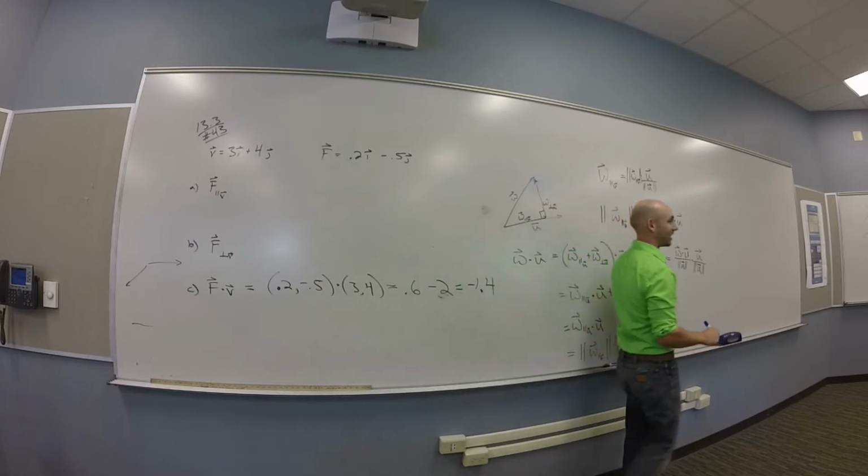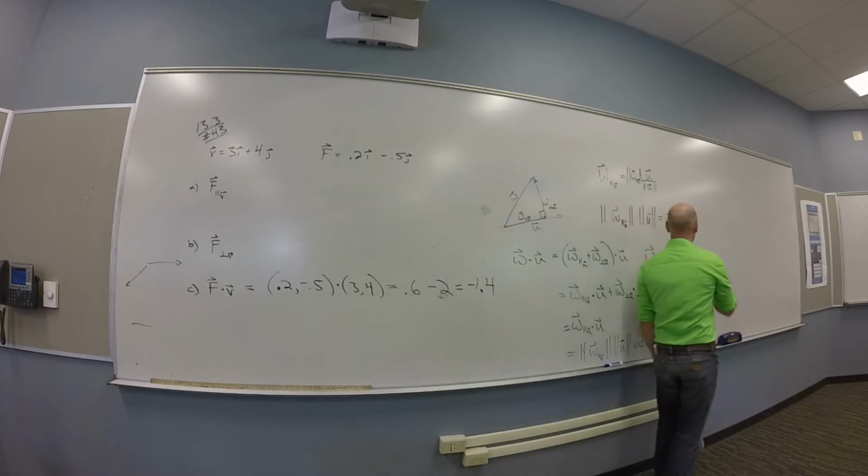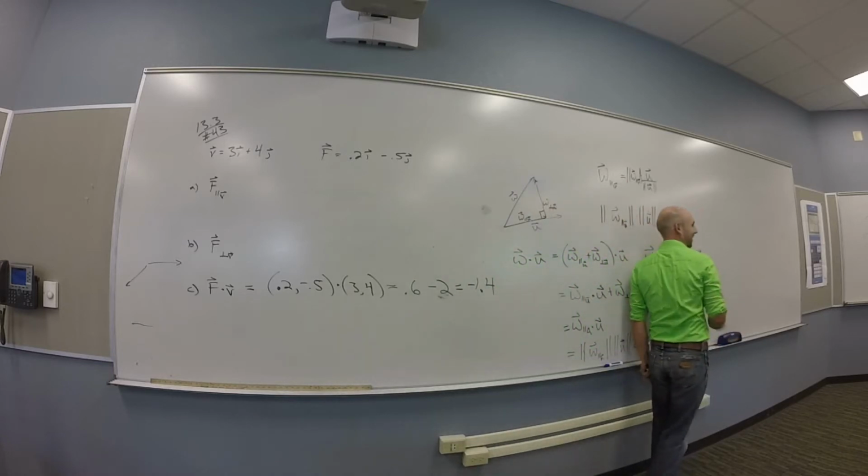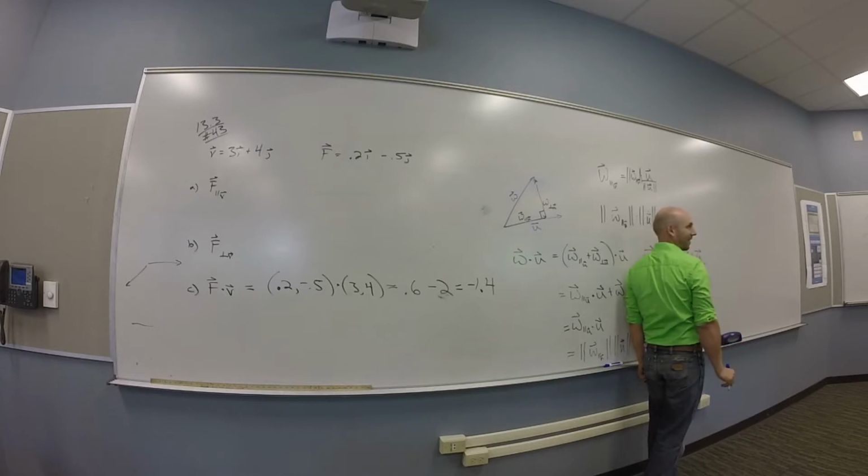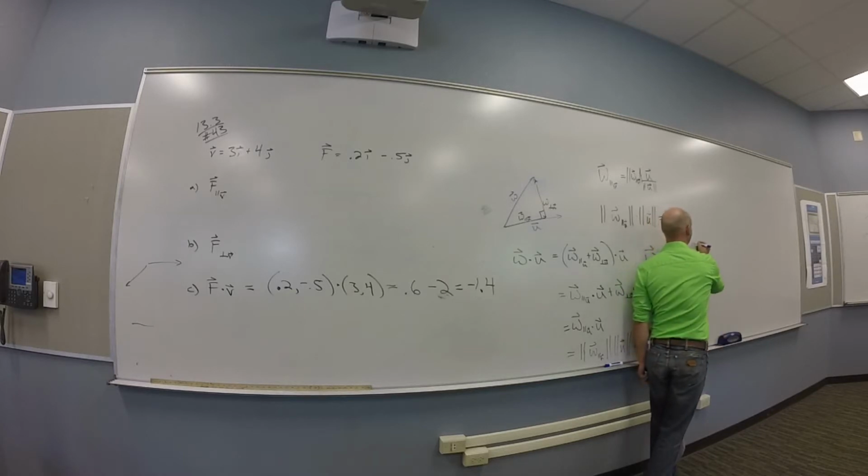Which looks like a giant mess, and is a giant mess because I have two dots in here, right? What's this dot? Dot product. That is actually a dot product. And what is this other dot? It's not a cross multiply, it's not a dot product either. That is literally scalar multiplication.